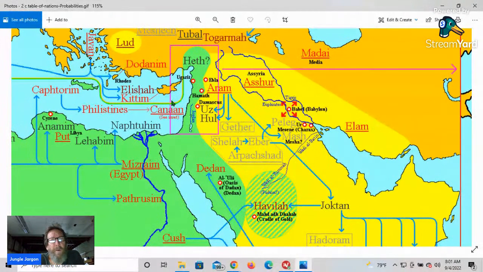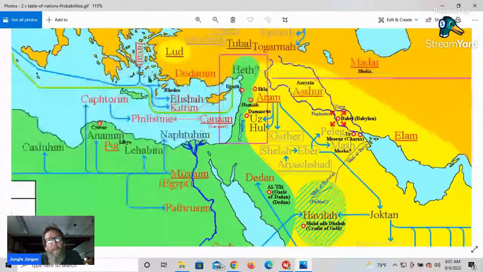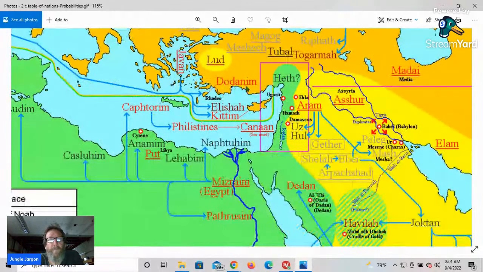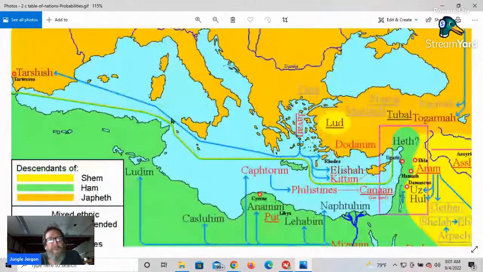But his descendants are basically Mediterranean, or largely Mediterranean, Phoenician, because his descendants are Dodanim, Elisha, and Kittim, plus Tarshish, which we're going to see is going to be significant in a little bit in Iberia. That's Tartessos. Okay, there's Tartessos. That's Tarshish.